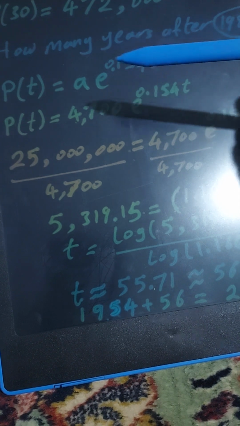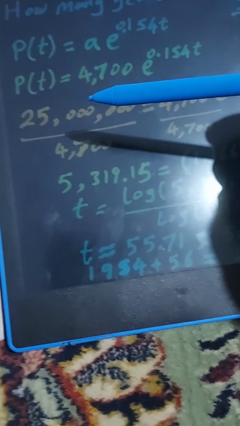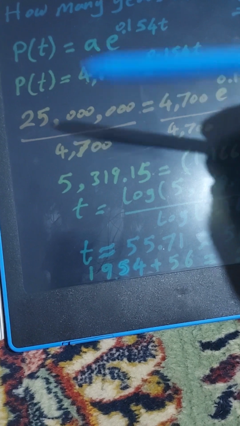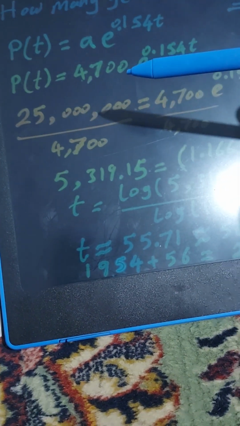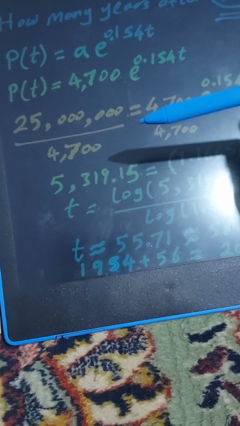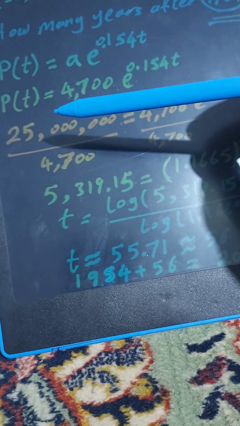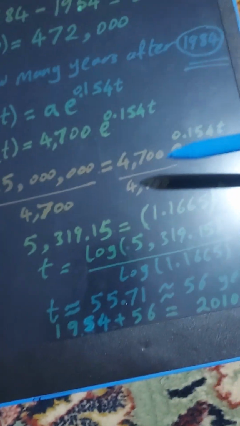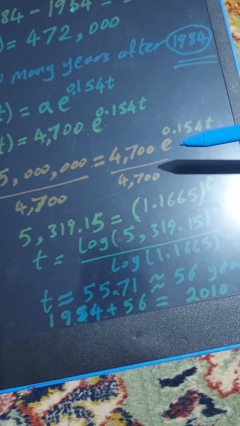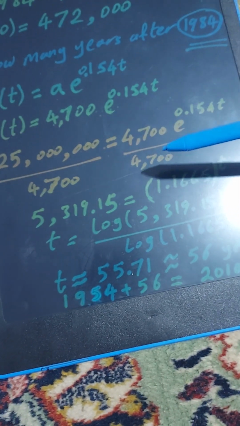The function we talk about is from the question. By giving the 25 million, we need to know how many years from the initial value it will take for that population to increase to 25 million. So we replace P(t) with 25 million equals 4,700 e power 0.154 t.